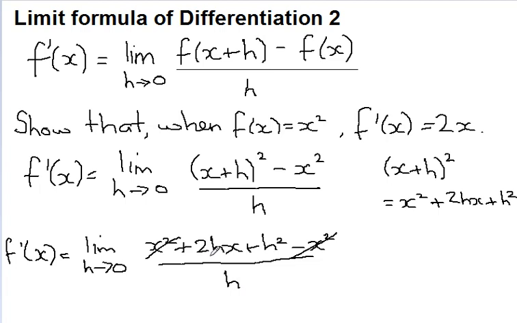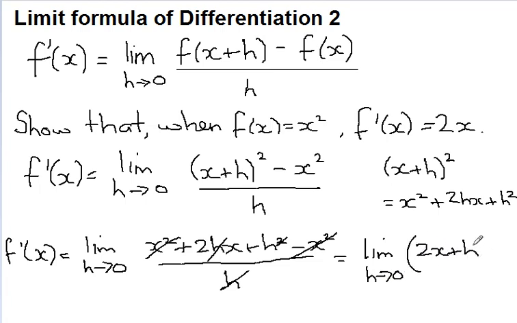Now, if you look at both parts of the numerator, they're both divisible by h. We can divide this by h, and we can divide this h squared by h just to get h by itself. So we're left with the limit as h tends to 0 of 2x plus h.